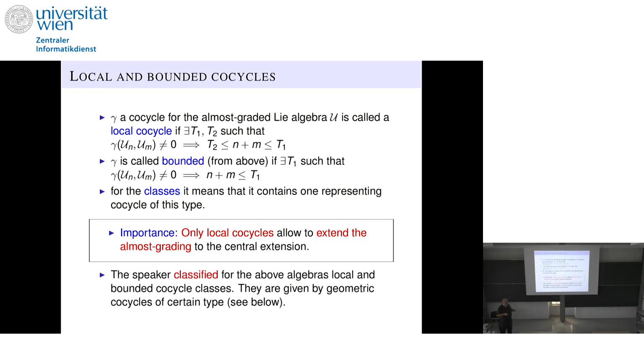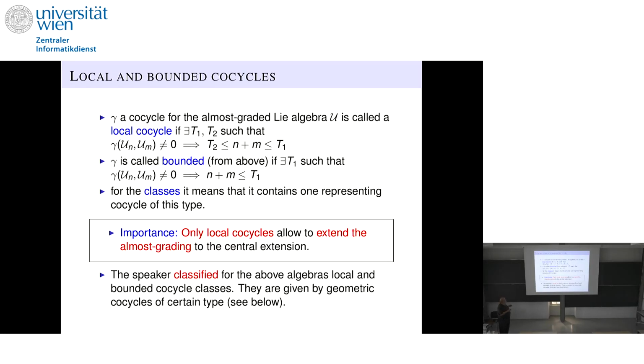Then our algebra does not act anymore. We have to go to the central extension, but we want to construct the central extension in an independent way to classify them. And now the point is that we want to extend this almost grading to the central extension.